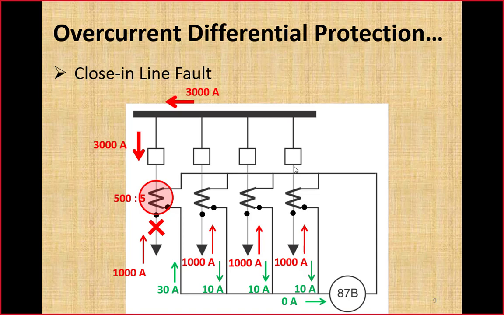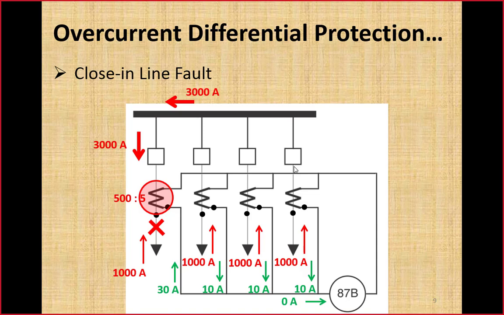But that close-in external fault may cause the complete saturation of the CT core. Initially we discussed that if the CT produces higher error, the percentage differential relay can take care of that error current. But if the CT gets completely saturated due to such a high current from a close-in fault, then even the percentage differential relay would not be able to provide protection in that condition.